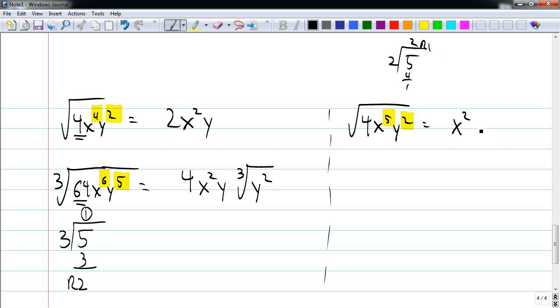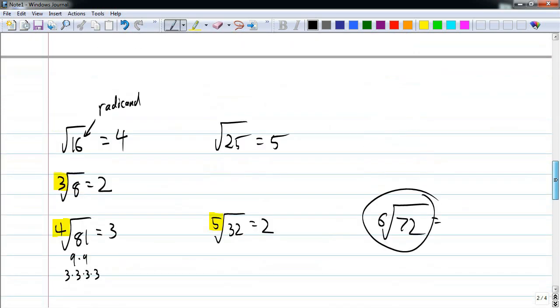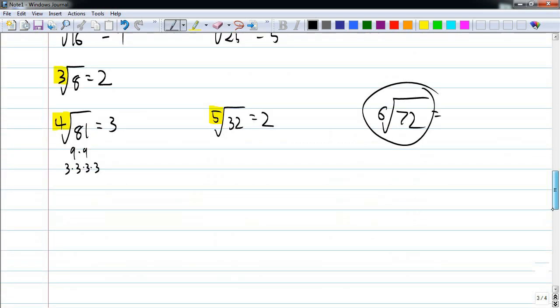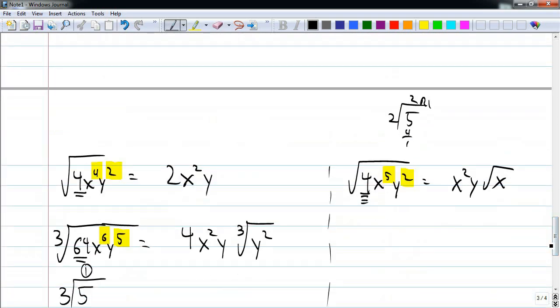That's my quotient. My remainder, x, stays under the radical. Now y to the 2nd, 2 divided with 2 is 1, so a single y comes out. And now don't get confused, because with the coefficients I play the same game I was playing over here. What times itself is 4, and the answer is 2. So this is 2x to the 2nd y times square root of x.